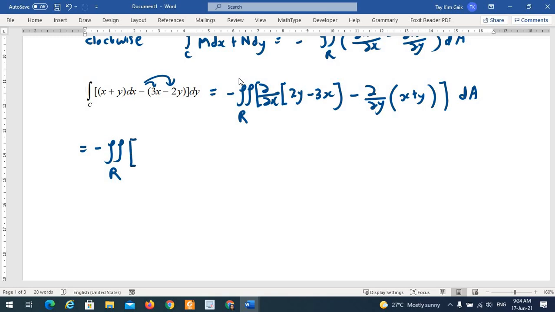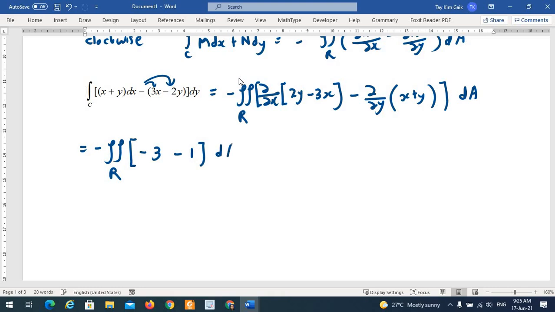Then you evaluate del x of 2y minus 3x, we have negative 3. So minus del y of x plus y. Del x of 2y is 0, del x of negative 3x, we have negative 3. And then del y of x is 0, del y of y is 1, so negative 1.